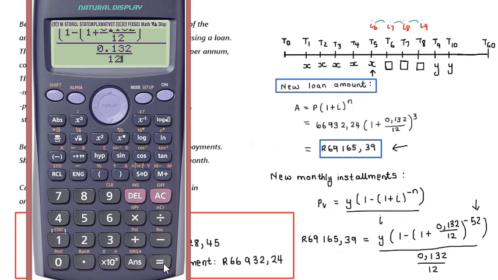So from there it tells us that our new monthly installments now increase to a value of 1,753 and 69 cents.